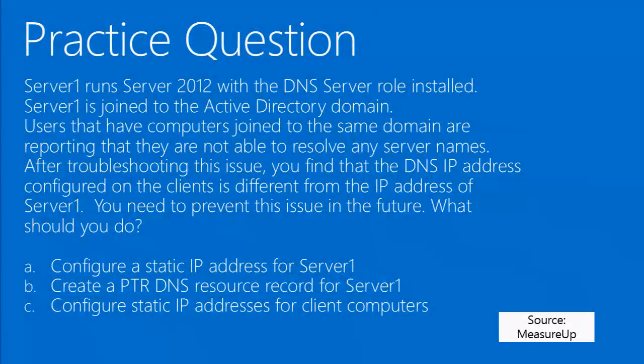Why is it the correct answer then? Okay, the other two, yeah, creating a resource record is completely off topic, really. So it's a case of, like, everybody's pointing to this DNS server. All your clients are pointing to this DNS server. They're all told to go to this one.